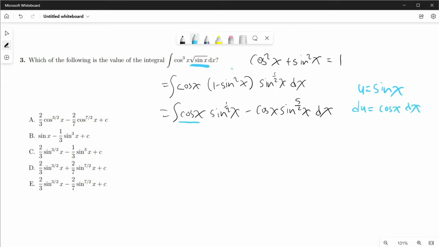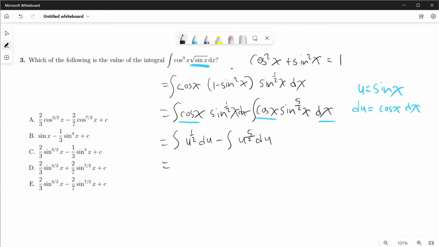Since now we have the cosine x dx for both of those terms, I can separate this into 2 integrals. So now this is u times the square root of u, which I can write as u to the half power du, minus u to the 5 over 2 du.